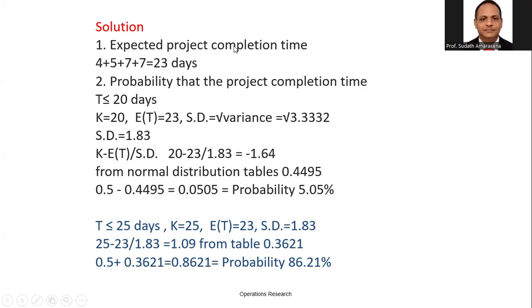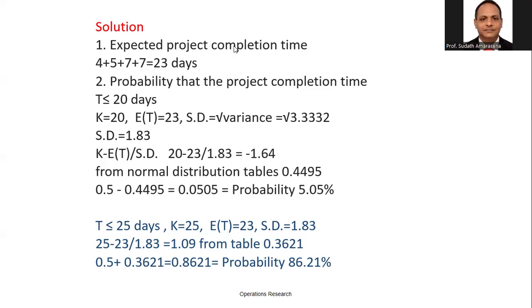First example under the PERT method. When I apply the PERT method, you have additional tasks. You need to first calculate the expected time for all the activities. Then find the critical path and identify the entire project completion time. After that, if you are going to calculate the probability, you need to identify the variances only for the critical activities.